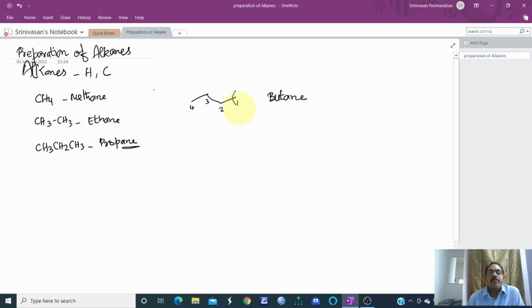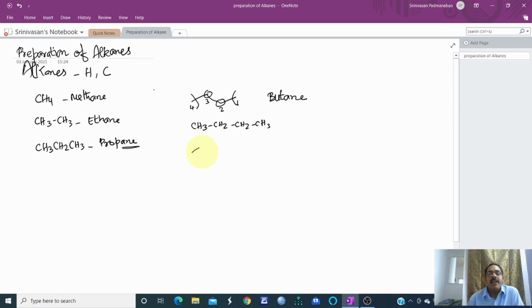See the exterior points, the end points, 1 and 4: they will be CH3, whereas the ones in between are CH2. So I'll write CH3, CH2, CH2, CH3. That is what we have written in that way.